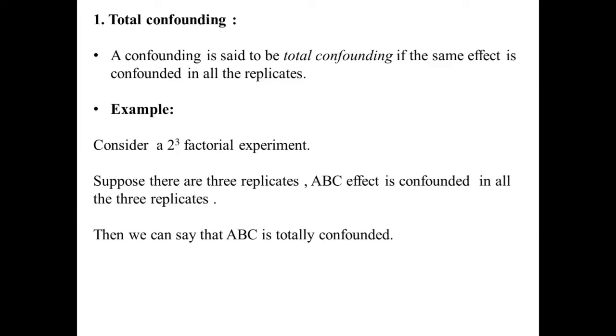In this case, if we consider 3 replicates and in each replicate we confound the ABC effect, then we can say that ABC is totally confounded in that experiment. So this is total confounding.